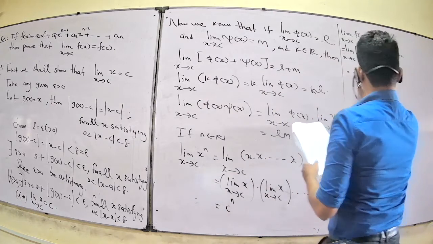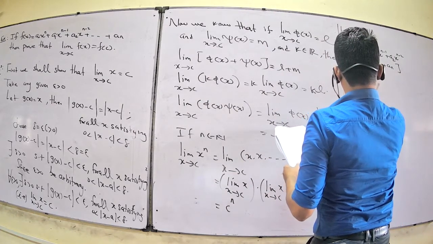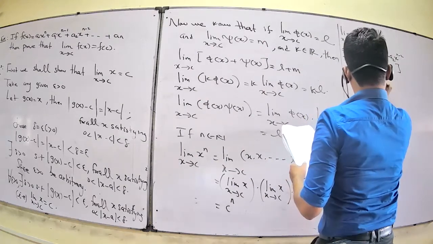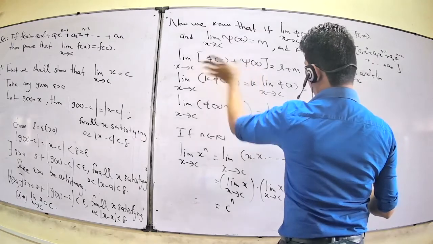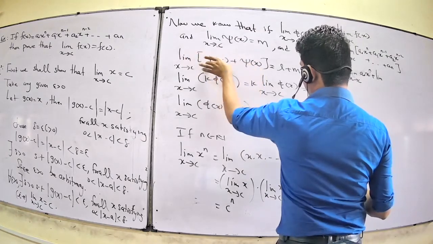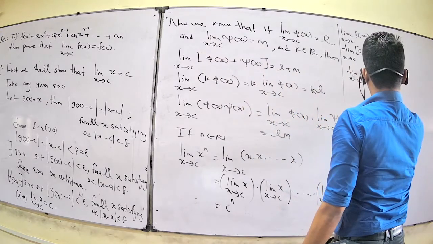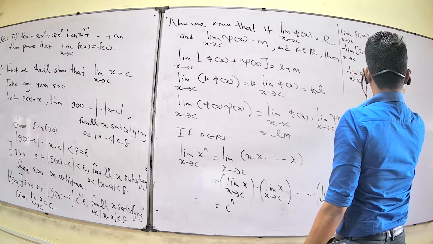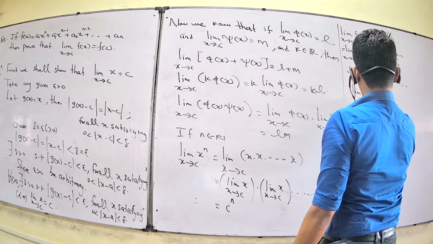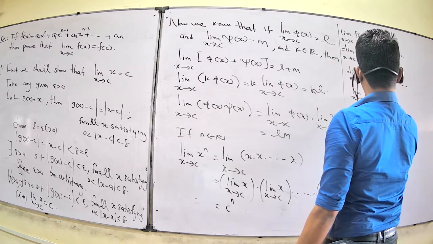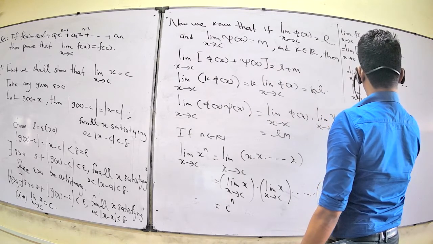It means you can take the limit like this: limit of x tends to c of a naught x^n. Suppose this is one function and another function, you add these two functions, you take the limit for each function, this limit plus this limit, L plus M, like that. Limit of x tends to c of a1 x^(n minus 1), and so on, limit of x tends to c of an.